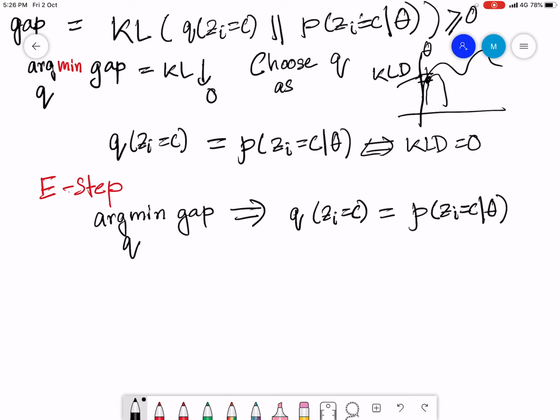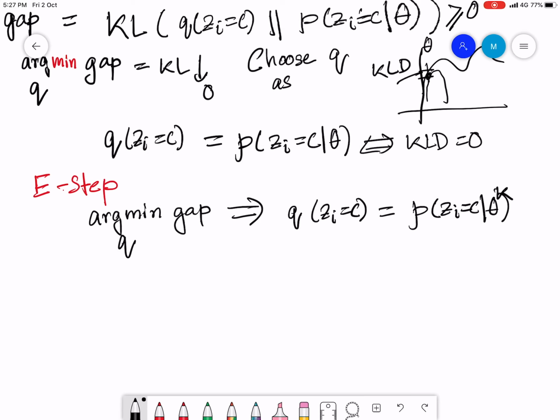Now think what this is in the Gaussian distribution. If you think of Zi, that is C, taking a value of either cluster 1 or cluster 2, so C is 1, 2 or 3 depending on which cluster it is. P(zi = c given theta) basically means the probability that a point xi belongs to cluster 1. And this you can easily compute for a given value of theta. So here you fix theta to be theta k, and this is your qk.